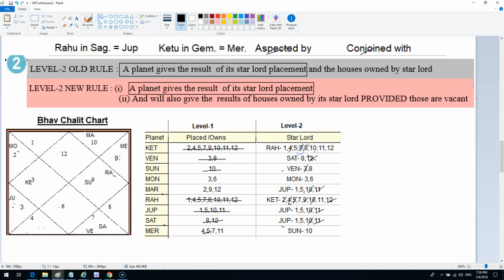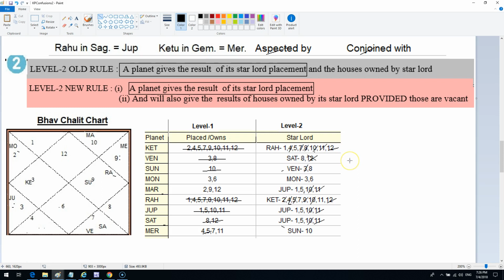Seventh also, eighth also will delete, and 10 also we will remove, 11 also we will remove. So eventually in terms of Ketu on level 2 we only get 1, 5, and the 12th also we'll have to remove. So only we get 1 and 5. That's pretty much what Jupiter represents, 1 5.